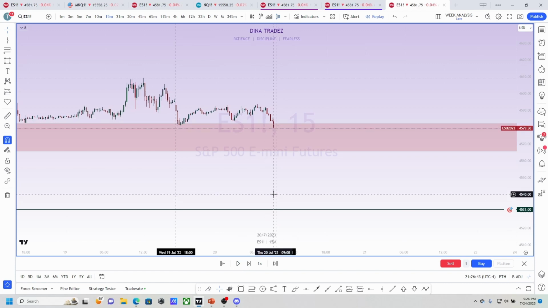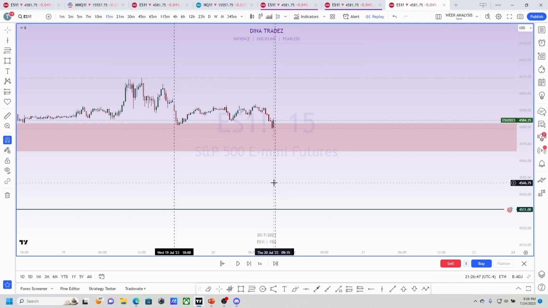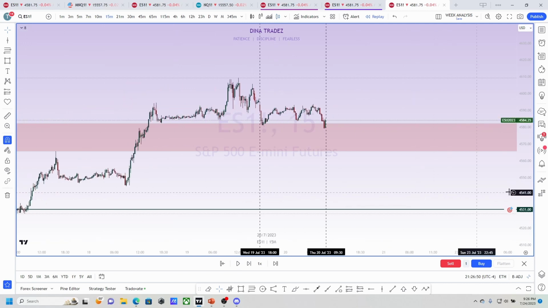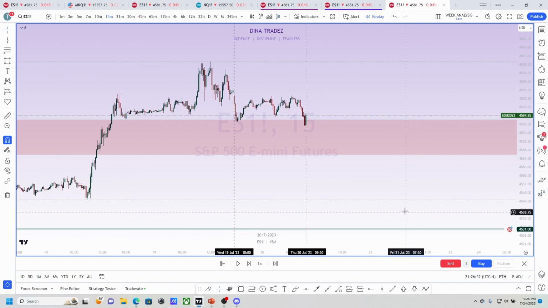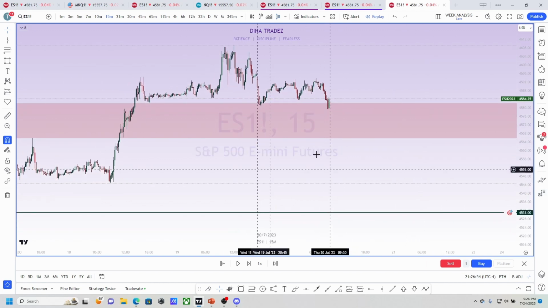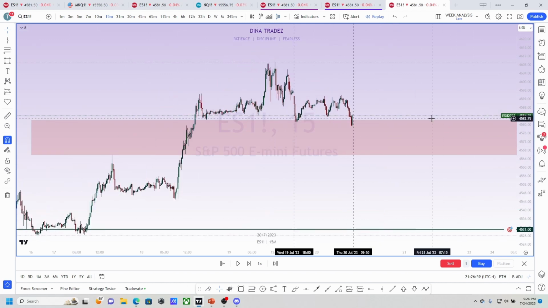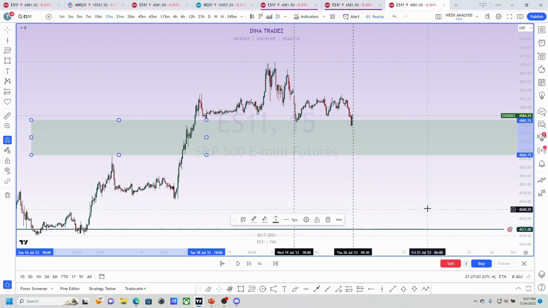Okay, that's the 9 o'clock, one more candle. So you have, yeah, we just came into the daily fair value gap. I'm going to change this to green so we can see that it's bullish, not bearish. Okay.